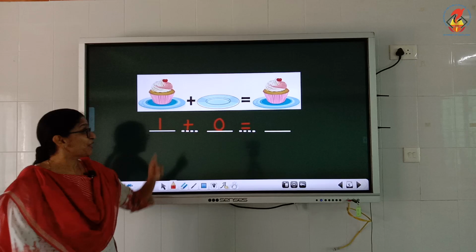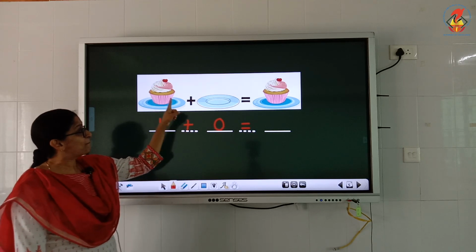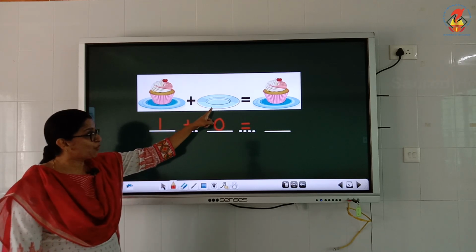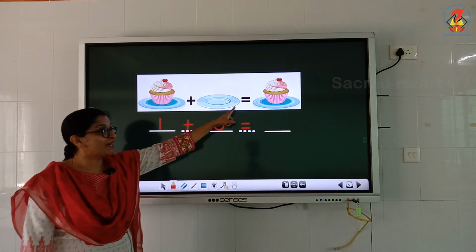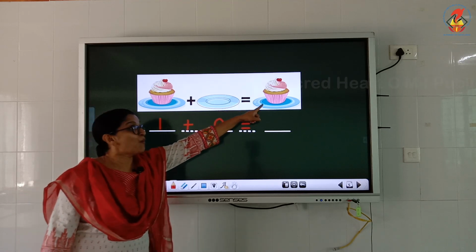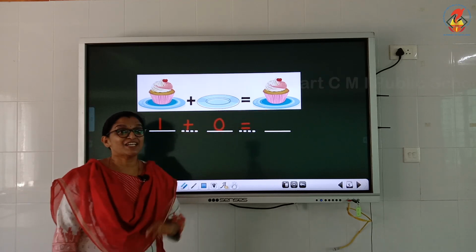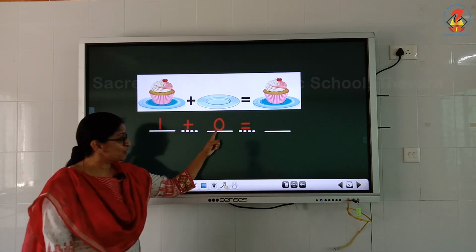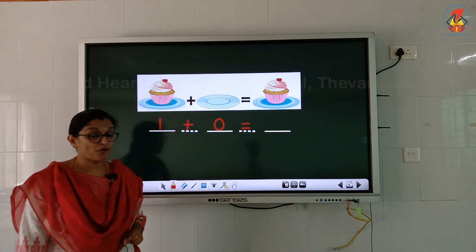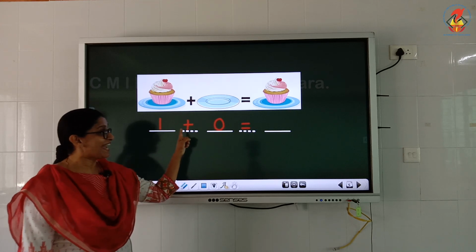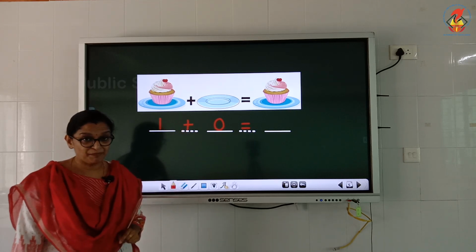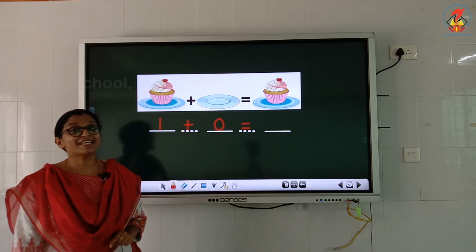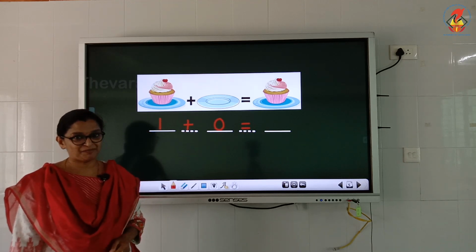Now children, 1 cake plus 0 cake equals 1 cake. Children, if any number is added to 0 or if 0 is added to any number, the total is the same number.